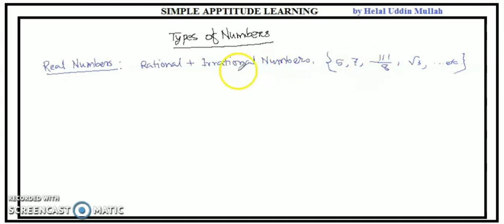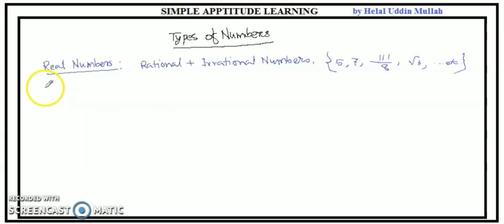Natural numbers like 5 or 7 can also be expressed as a fraction or ratio of two integers. If we express 5 as a ratio, it will be 5:1. So the natural number 5 is also a rational number, and it is included within the real number set.